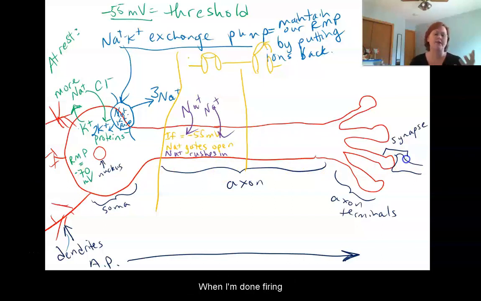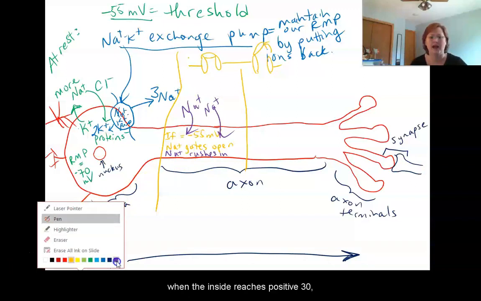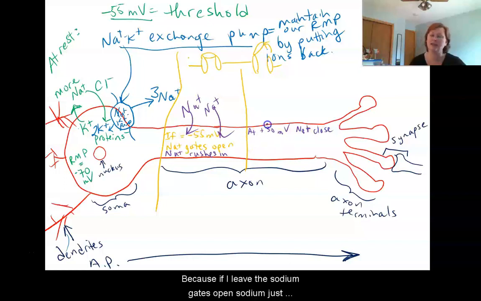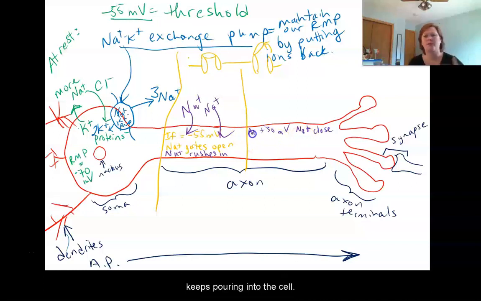When I'm done firing, I need to reset that cell. So what's going to happen is, when the inside reaches positive 30, my sodium gates close. Because if I leave the sodium gates open, sodium just keeps pouring into the cell, and we don't want that.